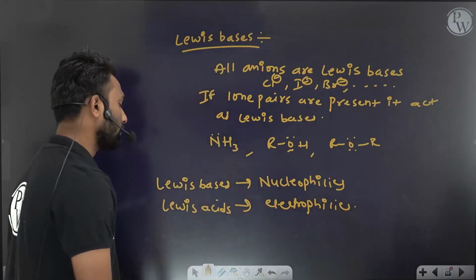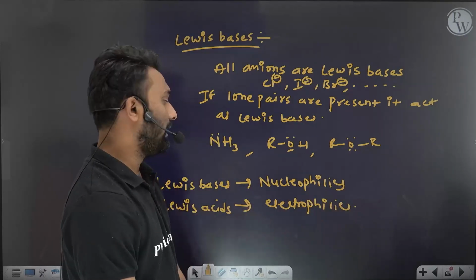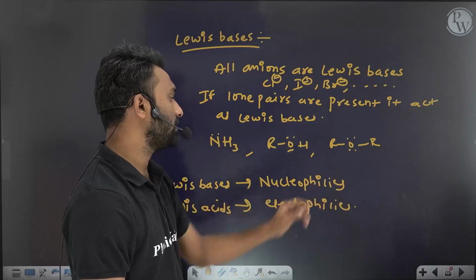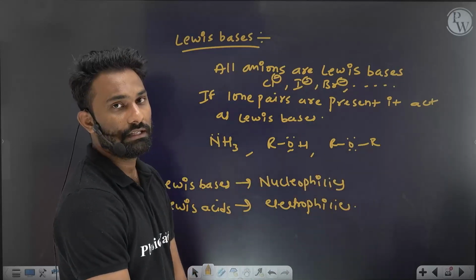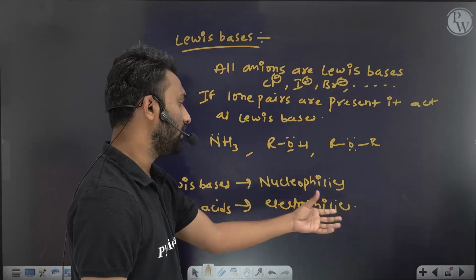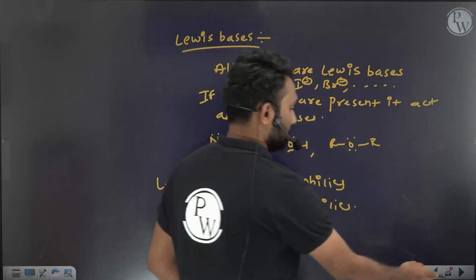Okay, electron deficient species. Electrophiles are the electron deficient species. Nucleophiles are the electron sufficient species. It will donate the electron. Now, electrophiles will accept the electron. Now, next.